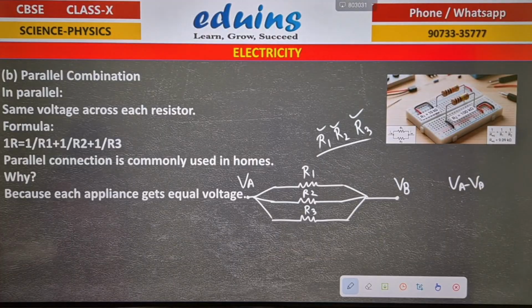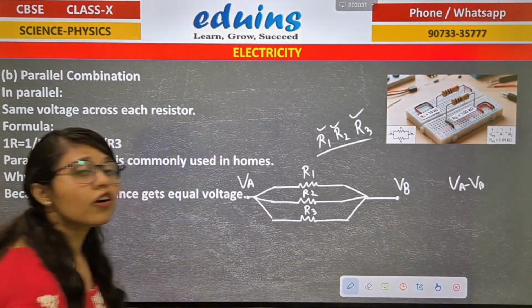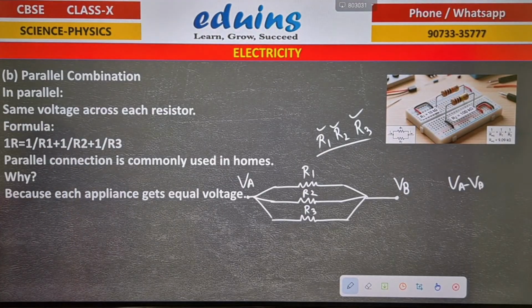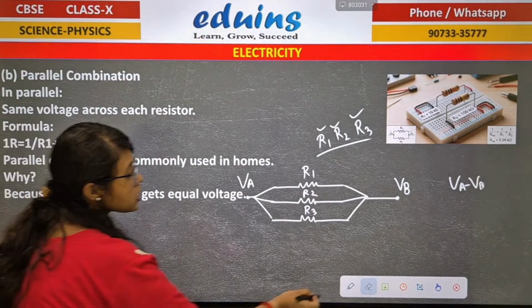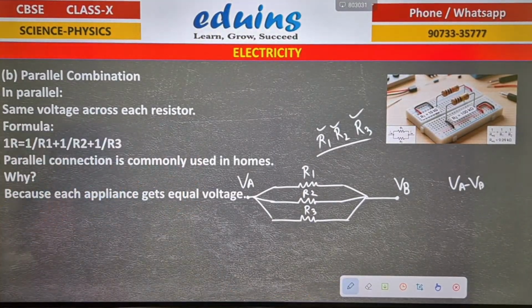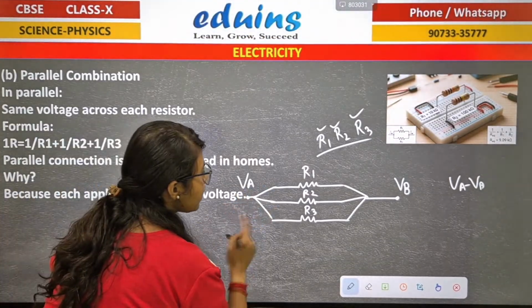Now, they share the same potential difference. For the series circuit, they share the same current, but for the parallel combination, they share only the same voltage difference or potential difference, not the same current, because there are many paths here.